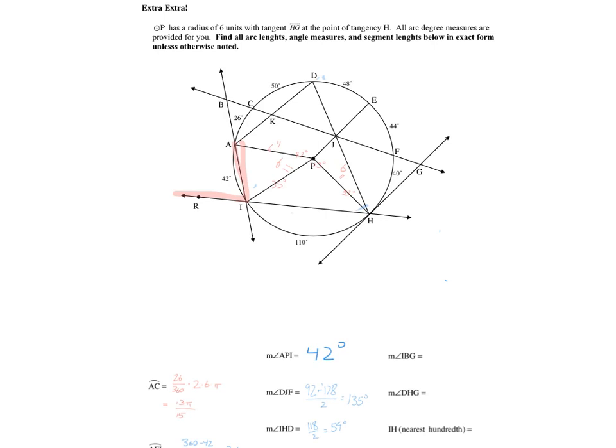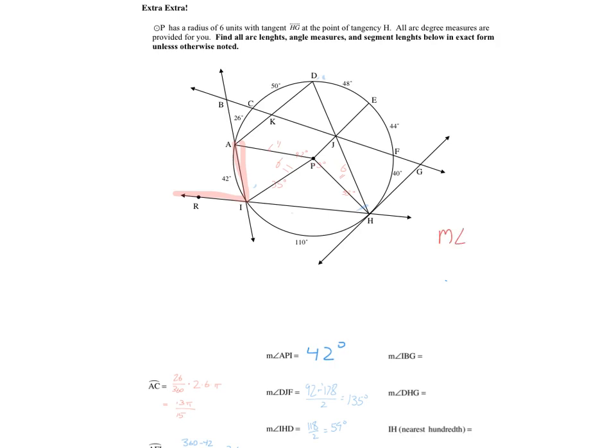None of these are tangent to it, and that's really where the trouble comes from. It is supplementary to this angle right here, so that really is our strategy. The inscribed angle here, we're going to add up all of these, find this angle, and then subtract it from 180 to find this angle. This 42 is not going to work. So we're going to find AIH first.